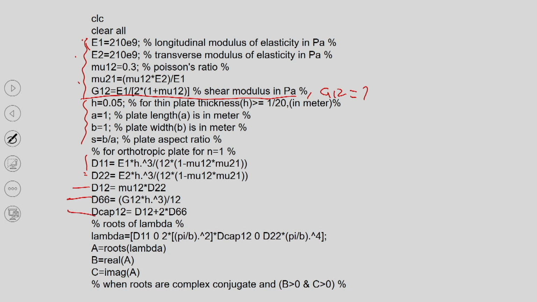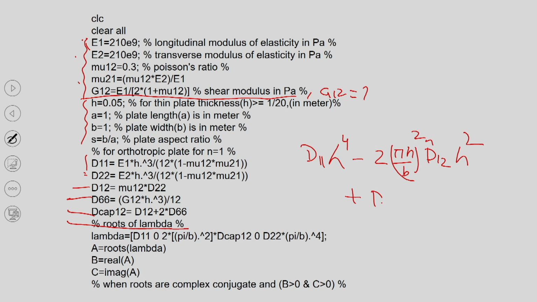Now you have a characteristic equation, which is lambda to the power 4 D11 minus twice (pi n by b) whole square D cap 12 lambda square plus D22 (pi n by b) to the power 4 equal to 0.